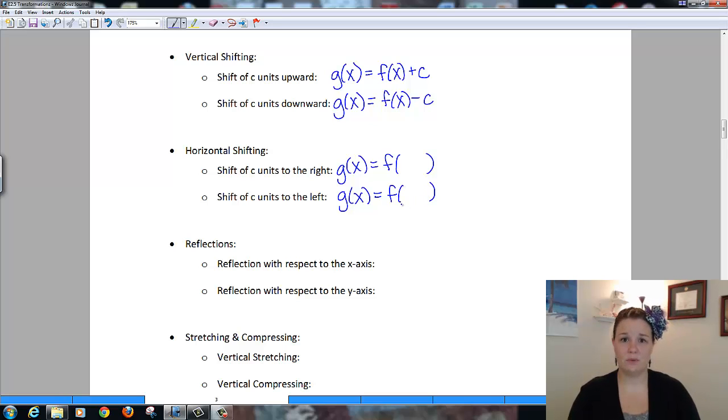I'm going to show you an example in just a second. But here, if I want to go c units to the right, in our minds we would think we would add c, but actually inside the parentheses we subtract c. To go c units to the left, we would think we should subtract, but here we actually add c inside the function, because it's affecting the x.